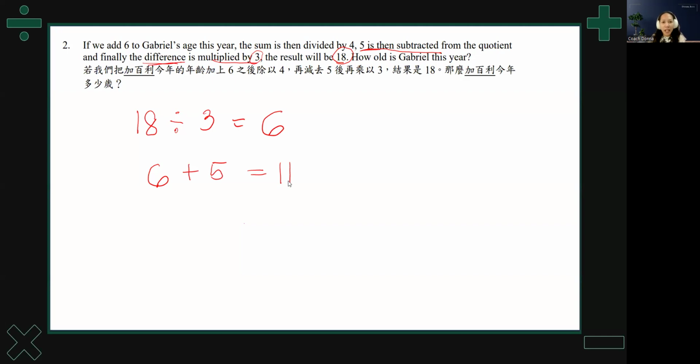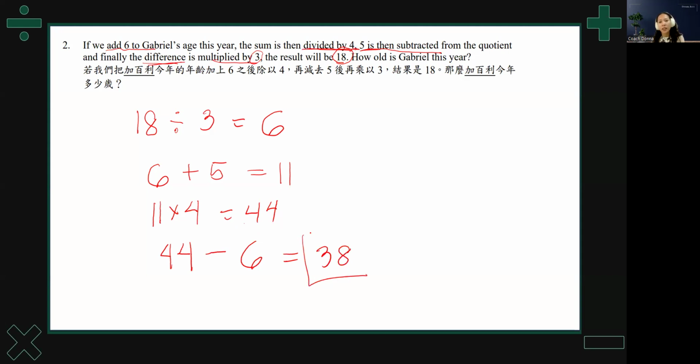And remember, the next step is that it was divided by 4, but we need to do the opposite of what's stated here. So it should be 11 multiplied by 4. That's 44. The next is we added 6, so the opposite of addition is subtraction. So 44 minus 6, and you'll get an answer of 38. That is our answer.